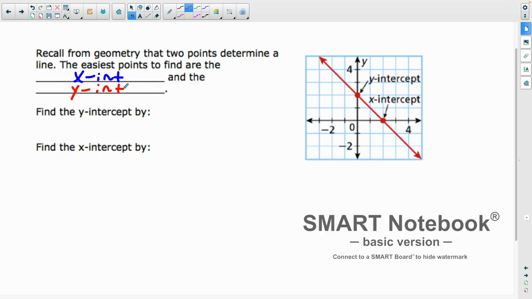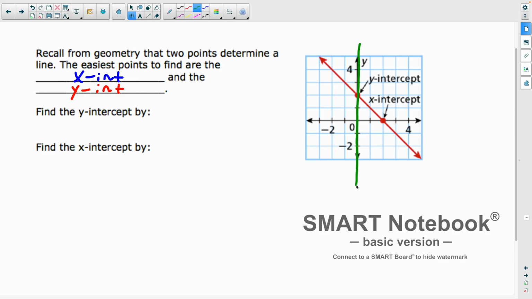Now I'm going to show you, you may not have done this before, sometimes it's pretty easy to graph lines with intercepts. What do you know about the y-intercept? It's always on the y-axis. Now, what's true about all the points on the y-axis? X is 0.